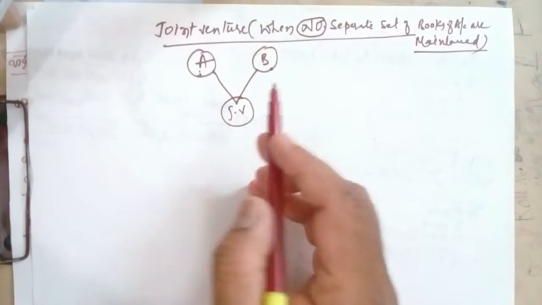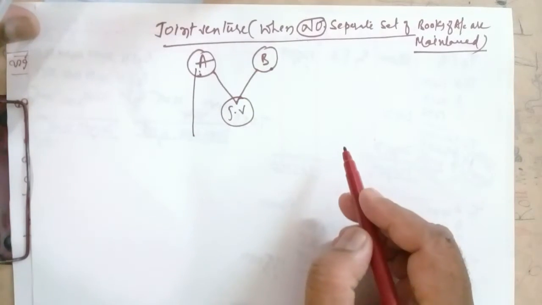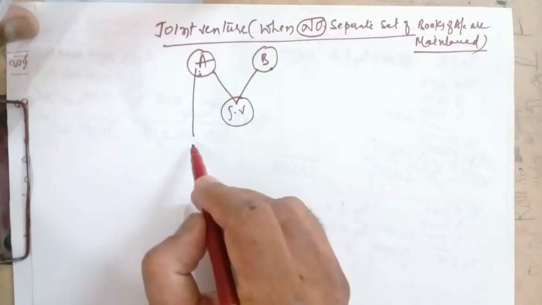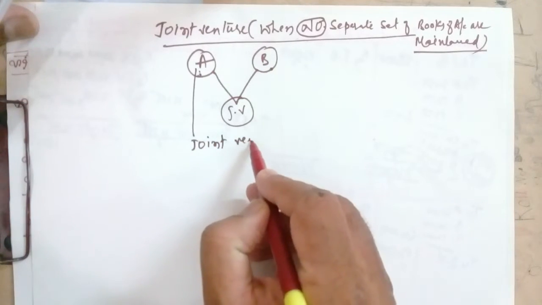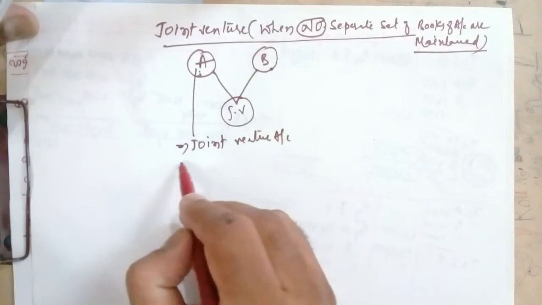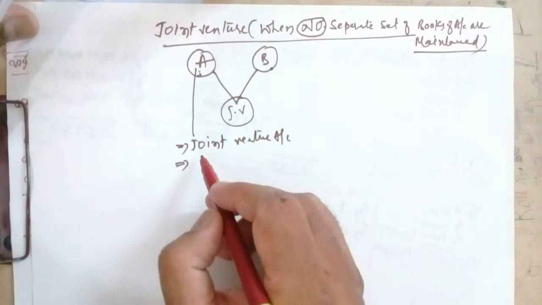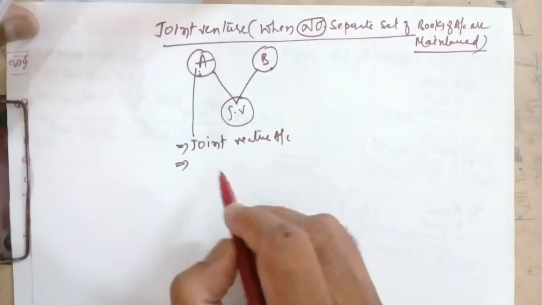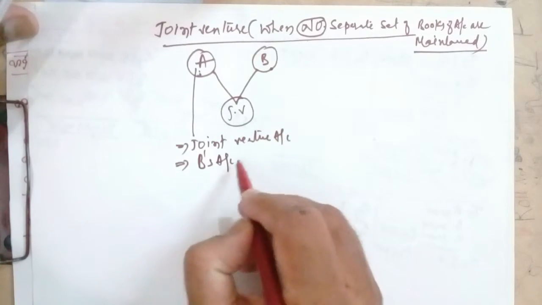What kind of accounts will these people maintain? A will prepare two ledger accounts. One is the joint venture account, and the other is B's account. A will not maintain his own account in his books; instead he will maintain the other party's account, B's account.